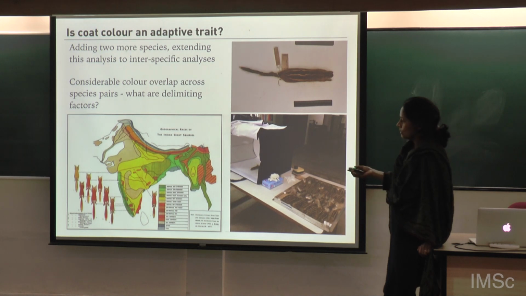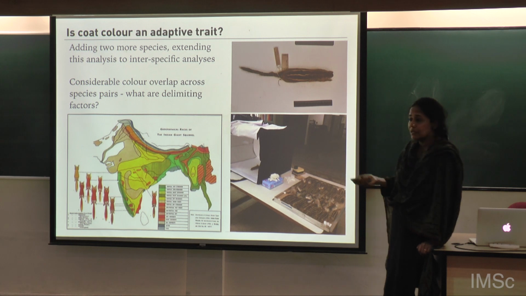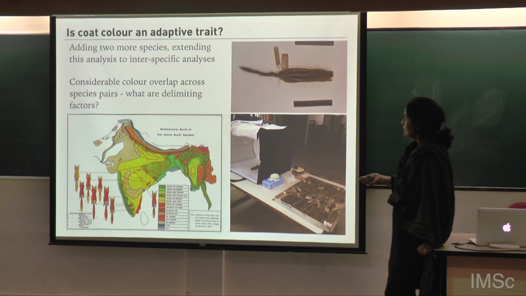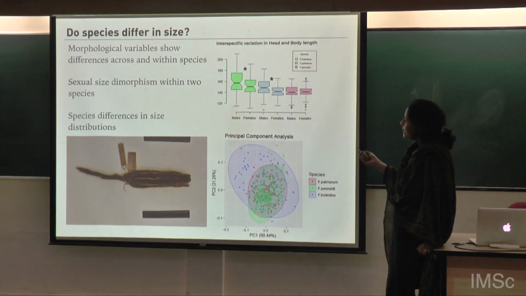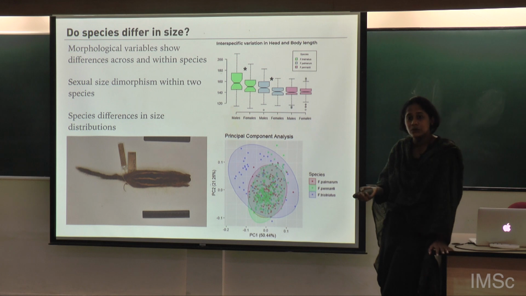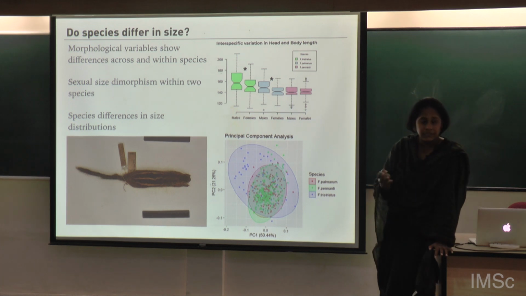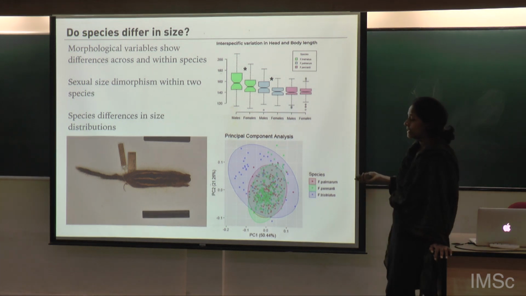So yeah, we're looking at color in a large way to see if coat color is an adaptive trait within this genus of palm squirrels. We are also looking at body size, and we see that there's some differences across species, but not considerable differences, which only adds to the confusion to say that it's not easy to tell species apart in the field.